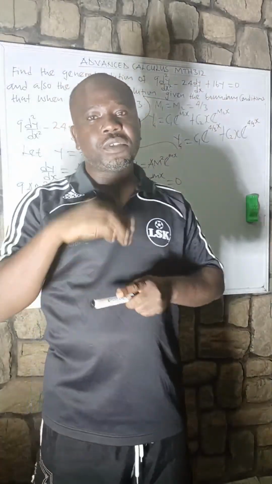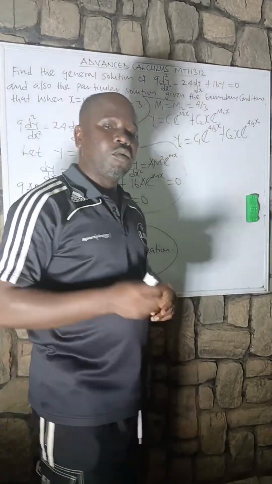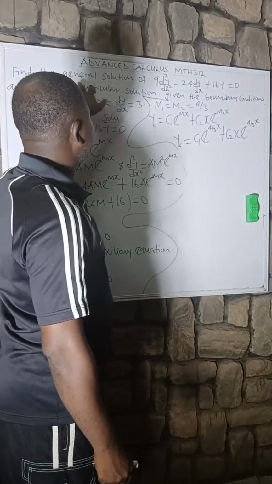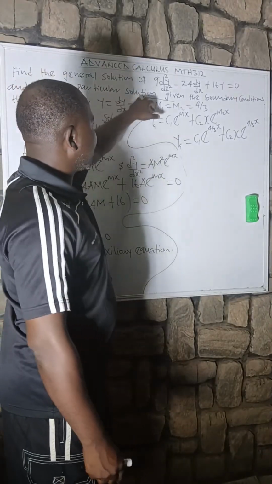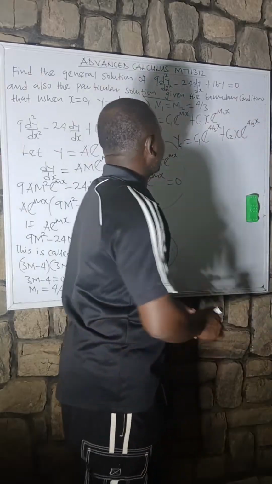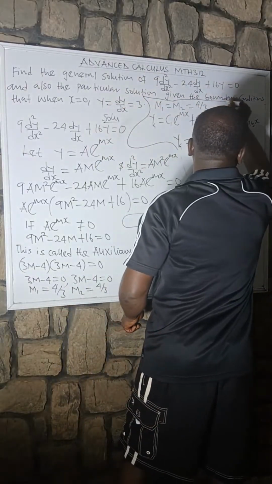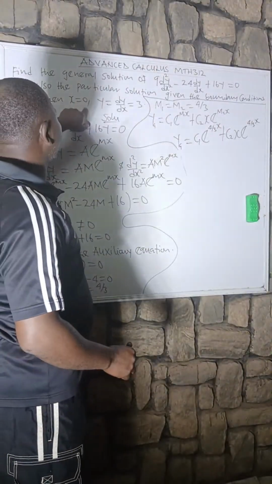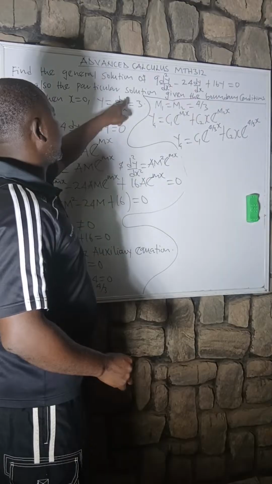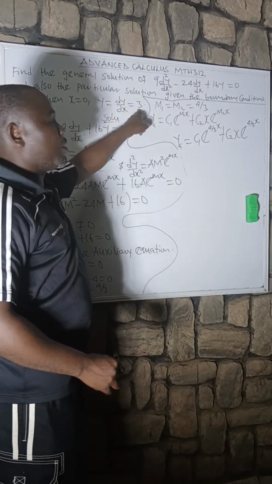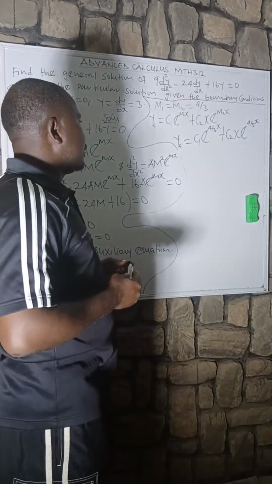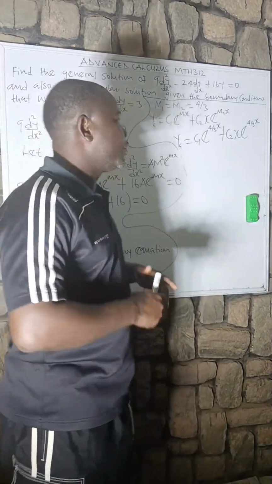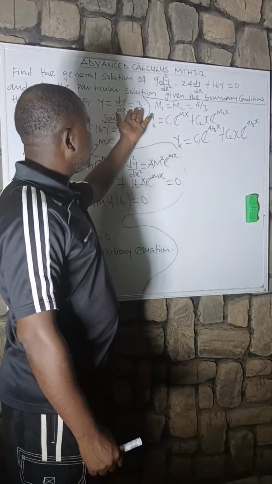But we are not going to stop here, because the question also says to find the particular solution given the boundary conditions. The boundary conditions are that when x equals 0, y equals, dy over dx equals 3. I know very well that if you are not a mathematician, this condition here may get you confused.